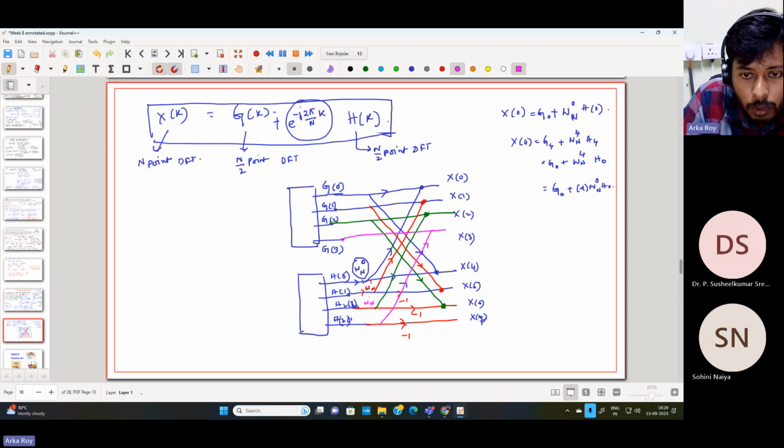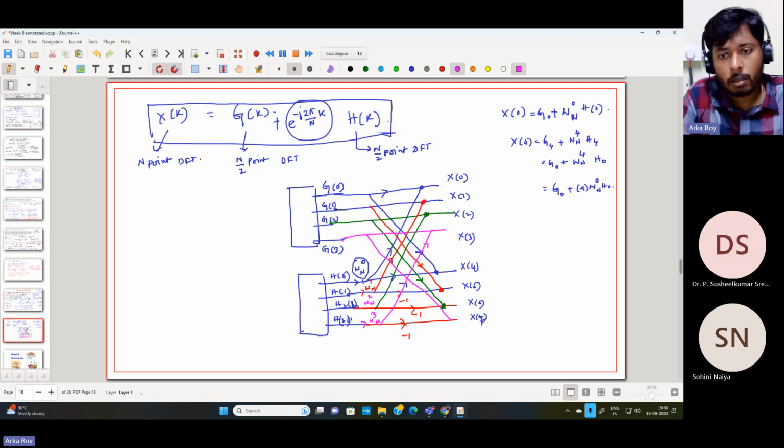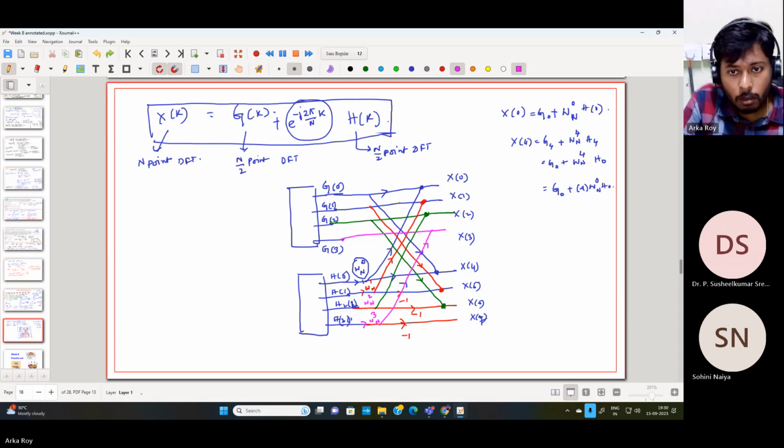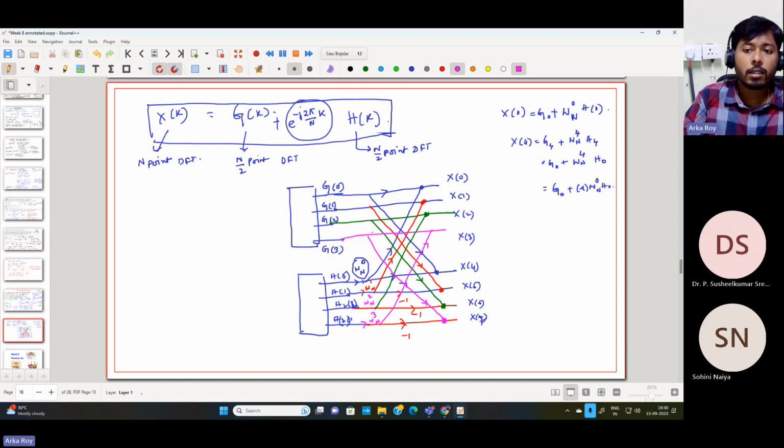Here it will put W2, here it will put W3, -1, and then would be the last output. So in this way, we are getting the DFT outputs.